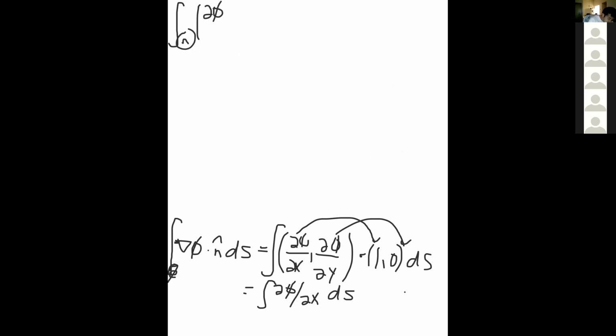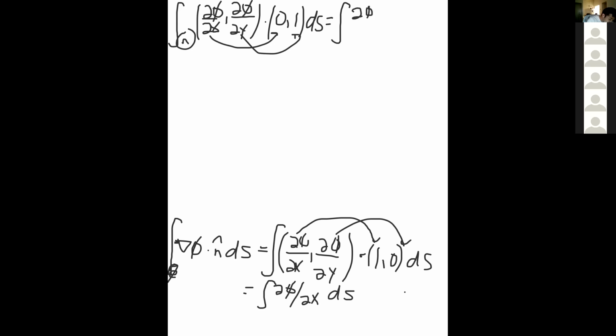We have the gradient of phi, d phi dx, comma d phi dy, dot product with the normal vector there, which is 0, 1 ds. If we do these multiplications, d phi dx multiplied by 0 goes away, so we get d phi dy ds.